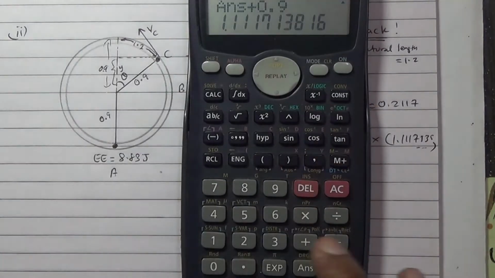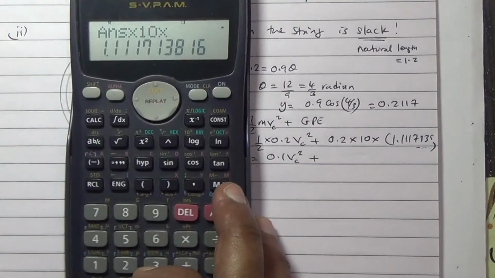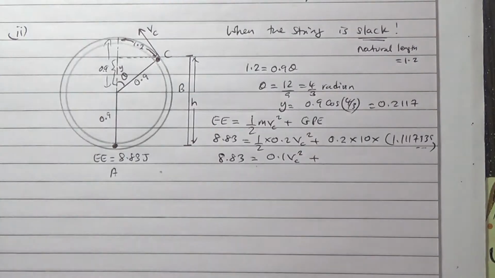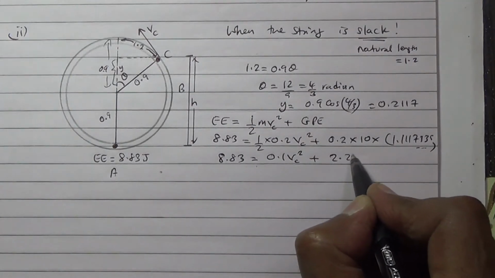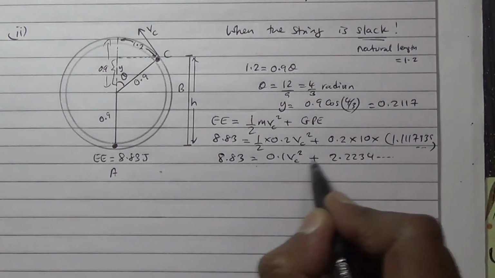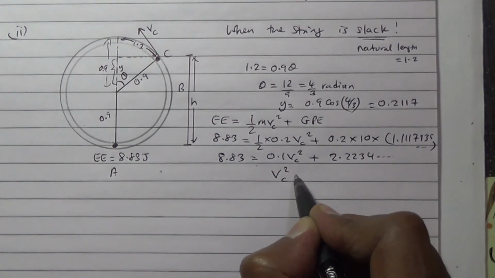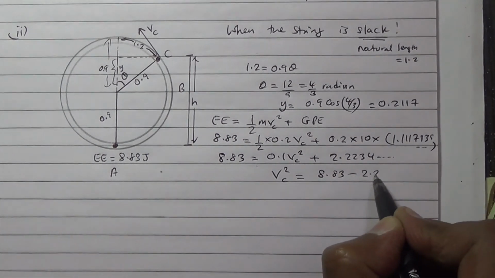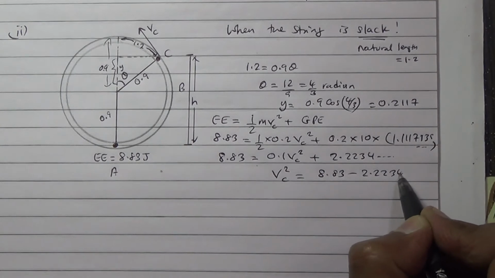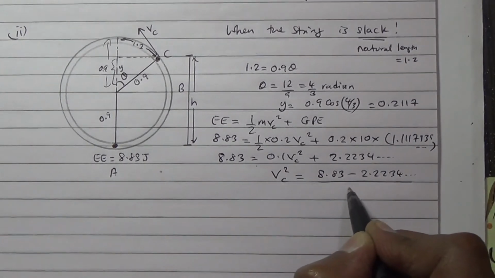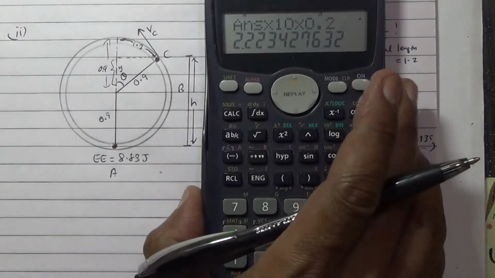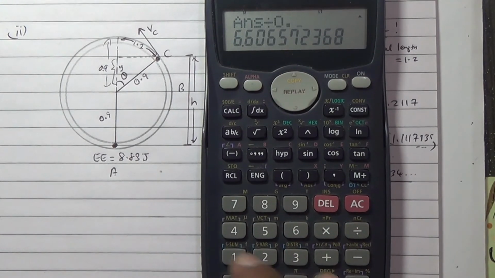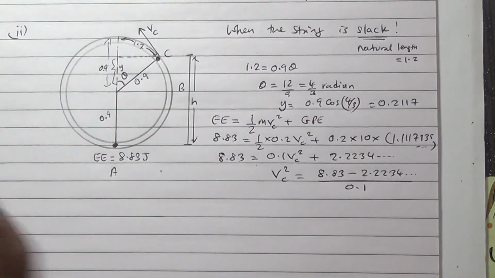So let's do that in a calculator: 0.1 vC squared plus all of that, multiplied by 10 times 0.2, 2.2234, and so on. Rearranging all of that, vC squared is equal to 8.83, take away 2.2234, and so on, divided by 0.1. So 66.065.